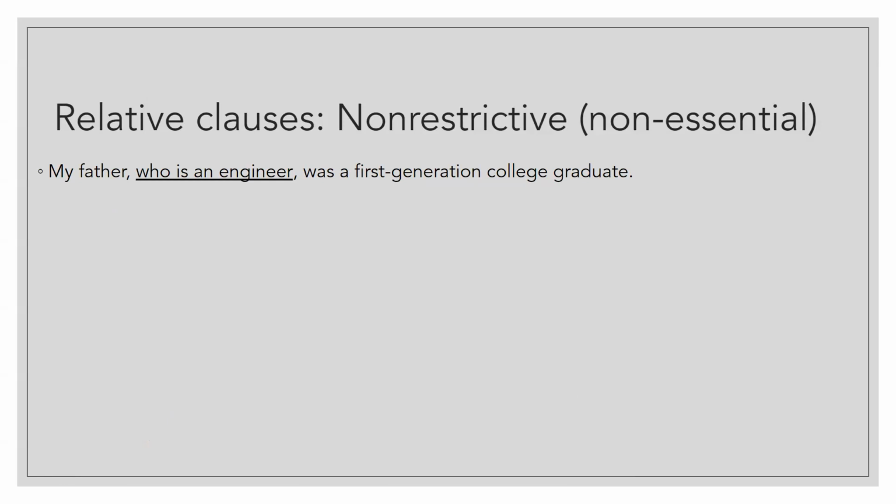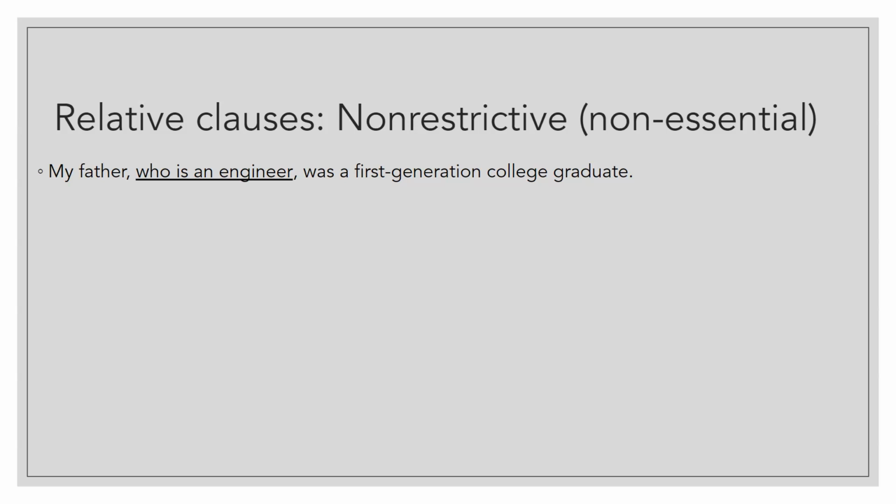I could remove that relative clause and it wouldn't really affect the meaning of the sentence, right? I've identified my father, so you know who I'm talking about because it has that possessive my. I don't need an adjective clause or relative clause to identify my father. I say my father, okay?